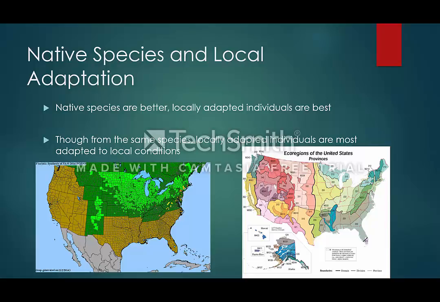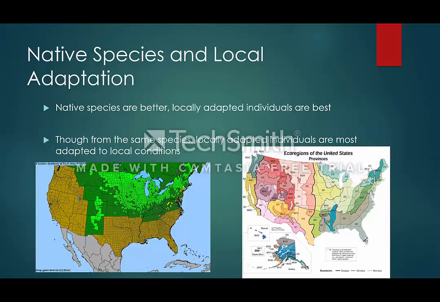We should really choose species that not only are native, but are locally adapted. If you identify a source population, say, of willows that are just downstream from your restoration area, you should choose those willows as opposed to willows of the same species but from many states away.